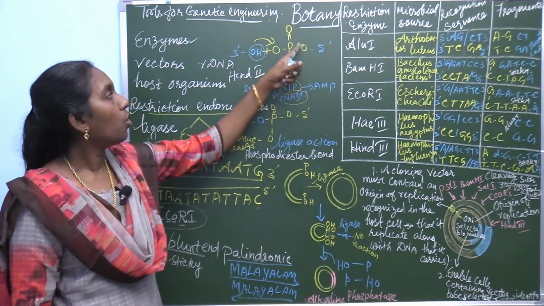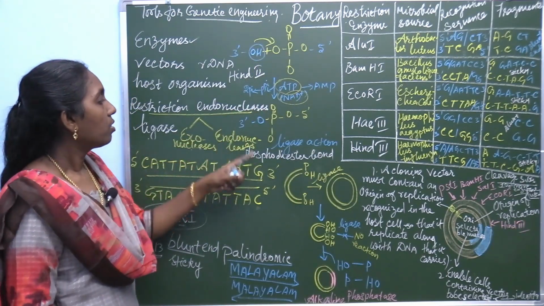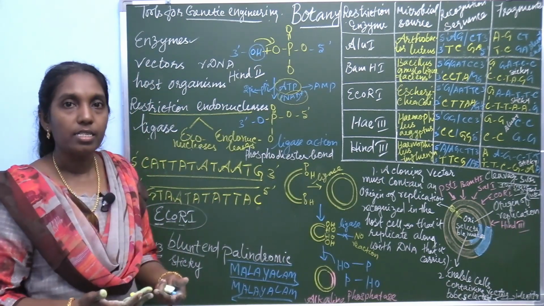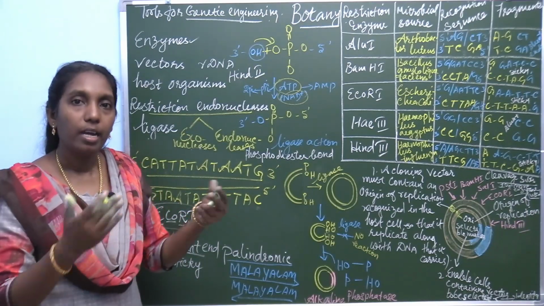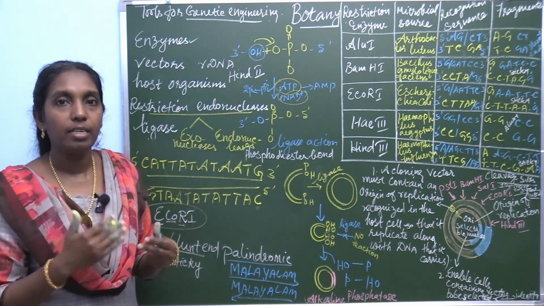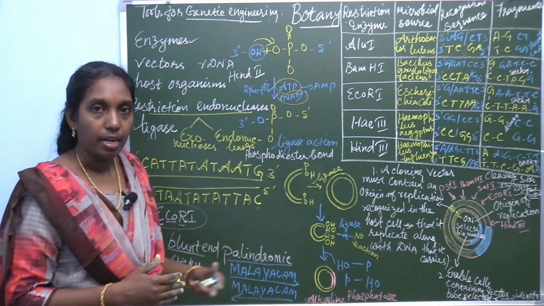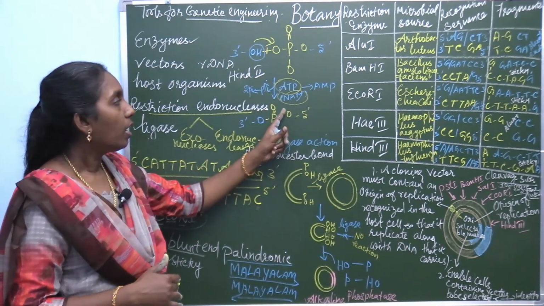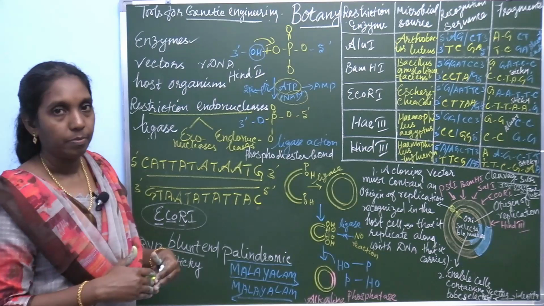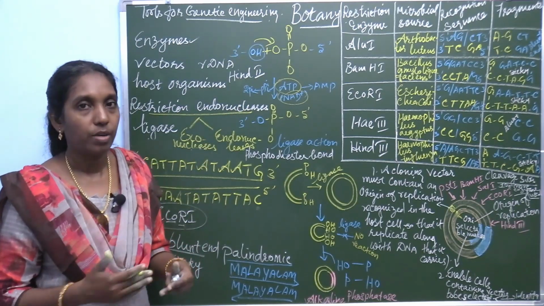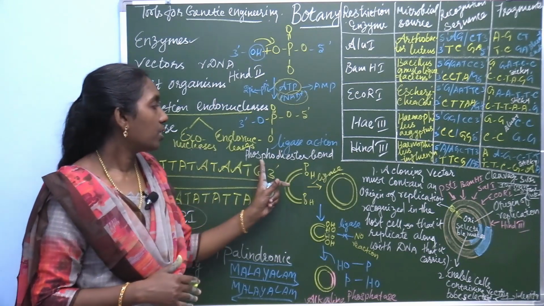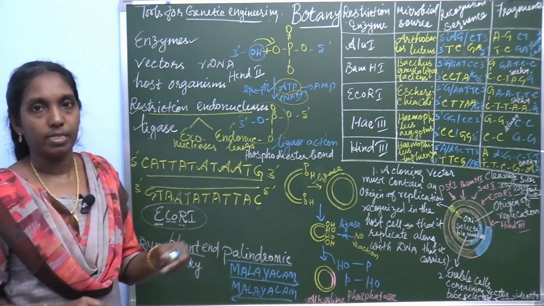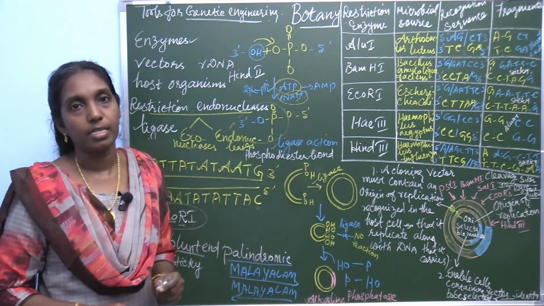It joins the DNA sequences in the double-stranded DNA. Mainly ATP, adenosine triphosphate, is involved and it joins the phosphodiester groups. That's the role of ligase enzyme.